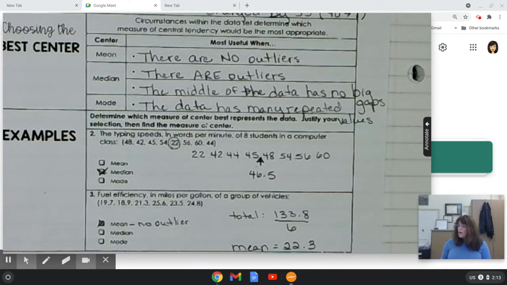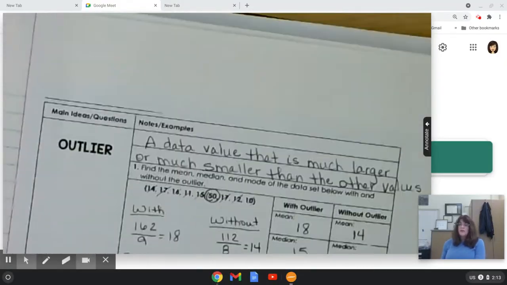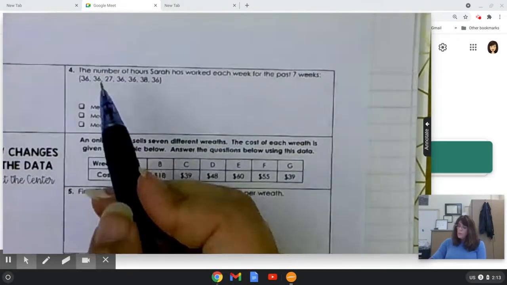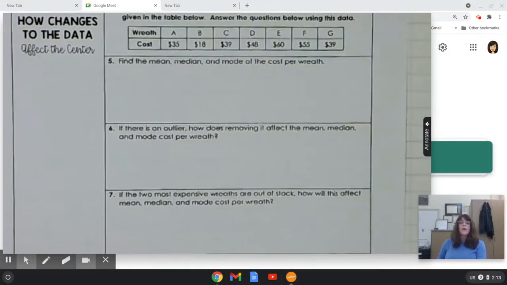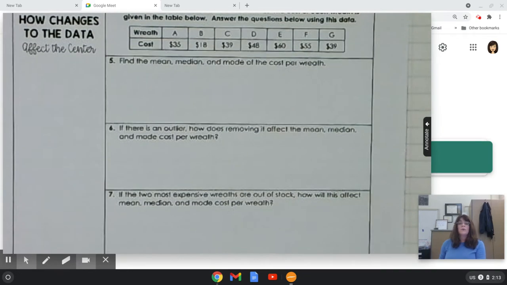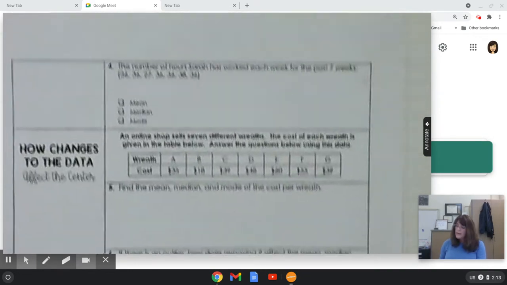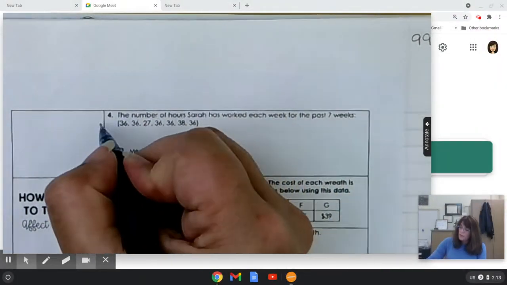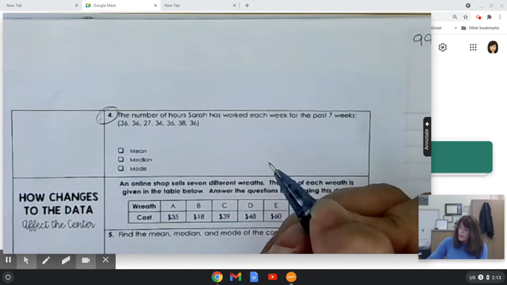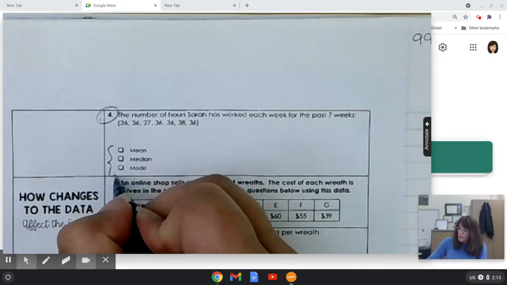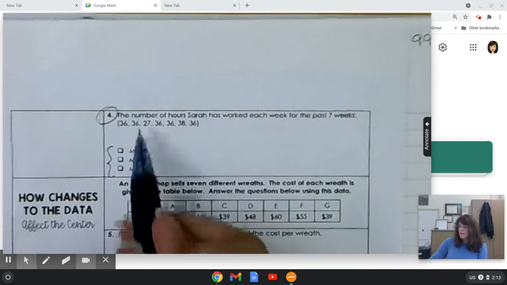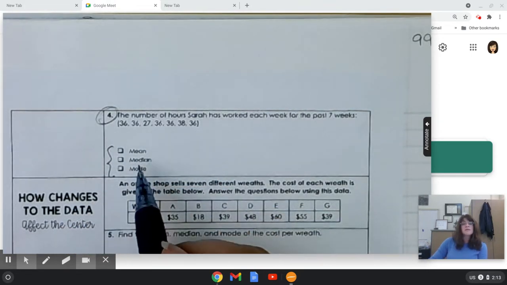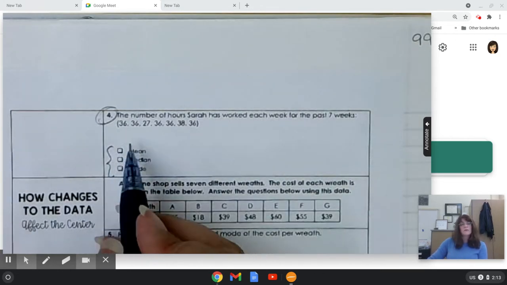You have another page here. We will be working on this more in class. What I want you to do is just try number 4. Find all 3 items and come back to class with that information so that we can say, oh, look, we tried this.